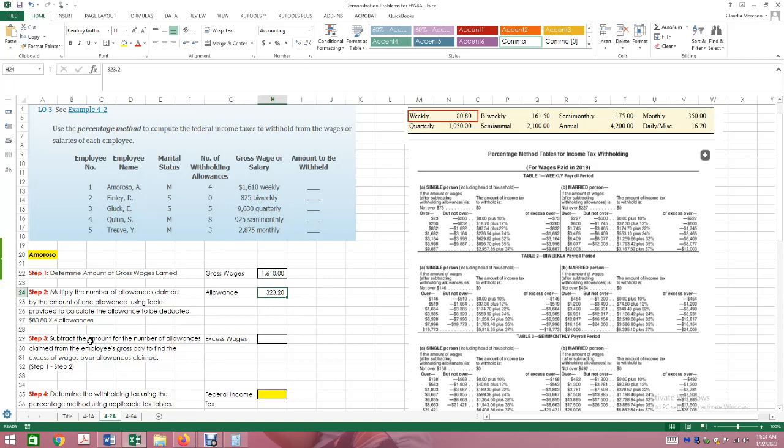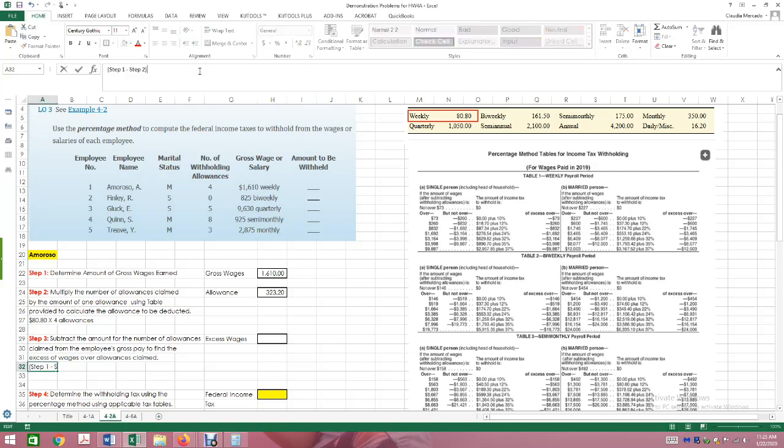Okay, now step number 3, we're going to subtract the amount for the number of allowances claimed from the employee's gross pay to find the excess of wages over allowances claimed. Now here, we're going to calculate the excess wages. This is the actual amount of wages that we're going to be responsible to pay taxes for. So it's step 1 minus step 2.